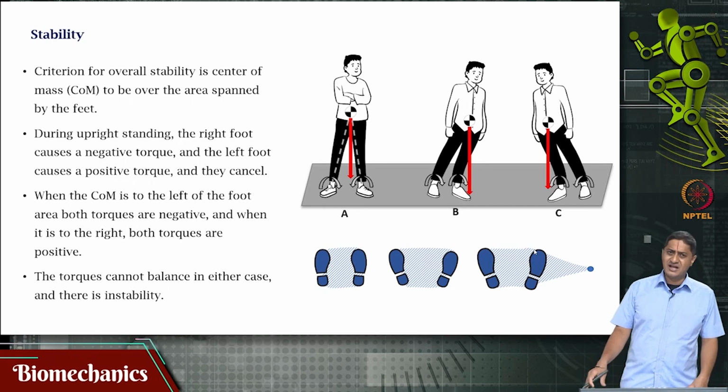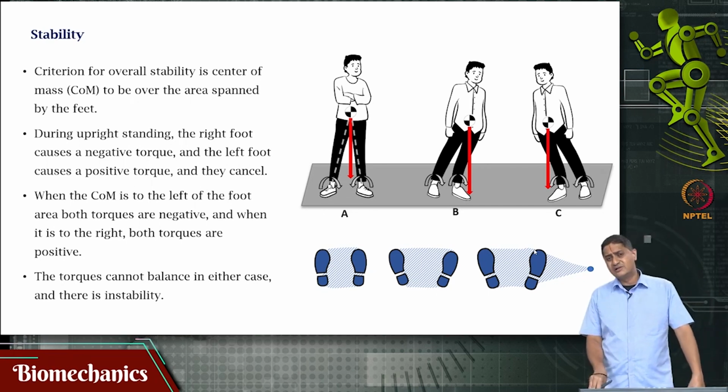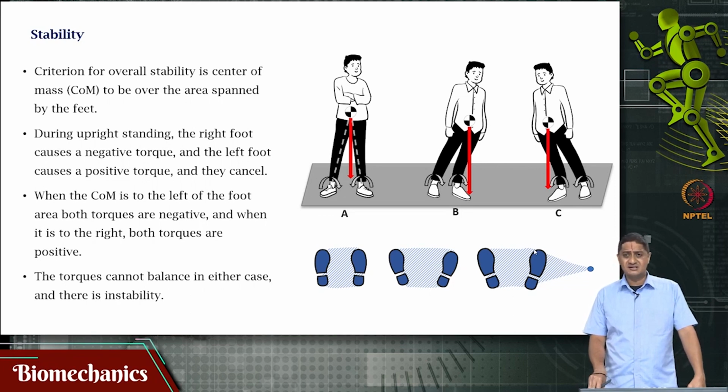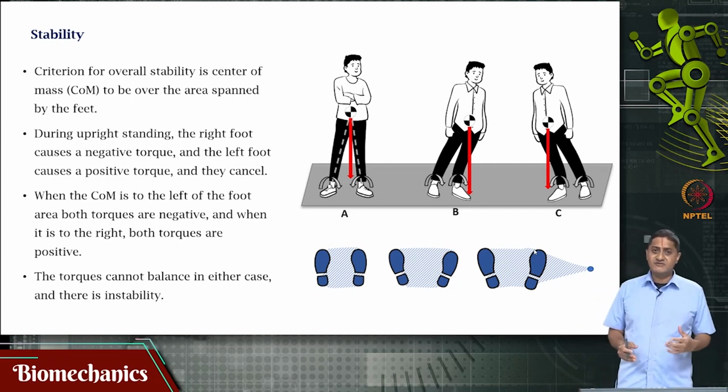This is something that even healthy young adults will use in uncertain situations. For example, if there is a slippery space, that is, if they have to walk on a corridor that has some oil spilled, even we will use a broader span so that we will not fall.